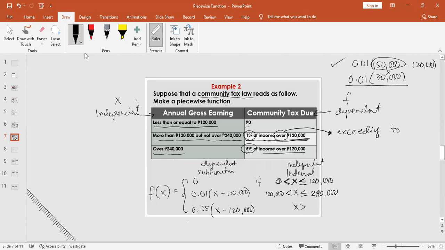So, x is greater than 240,000. So, di ba? Sabi ko sa inyo, yung mga unang intervals, ganito talaga yung symbol. And yung nasa last interval, mostly ganito na lang yung symbol. Okay? So, that's our second piecewise function. We are done.